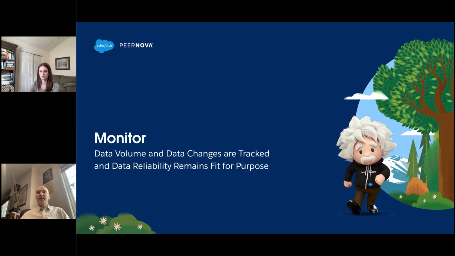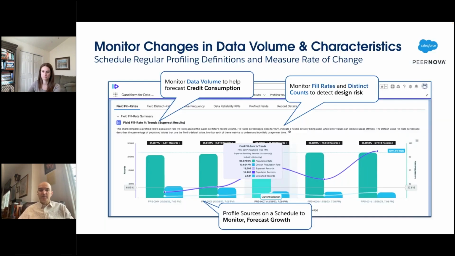So not only should you have a data unification strategy, you also want the capability to monitor data trends over time and identify when data or metadata configuration may be changing, to make sure that not only your data is reliable and your design is resilient, you can also use this information to forecast future credit demand. So let's look at what else you can do through the power of the platform.